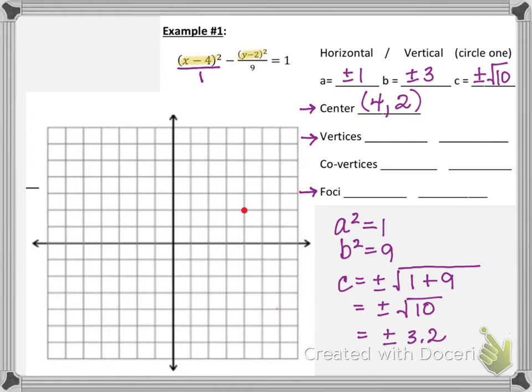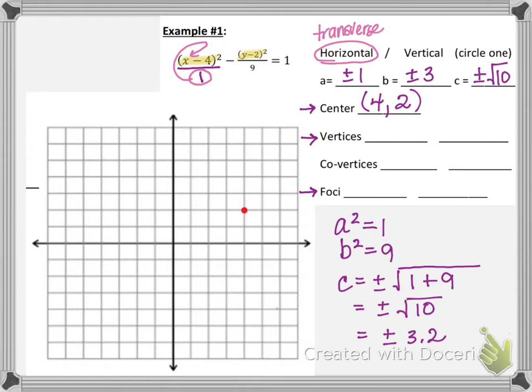Now, the orientation of the transverse axis was dependent on our a squared. Our a squared was right here. We look upstairs, and we notice it's an x, so our transverse axis is going to be horizontal. All right? This is our transverse axis. So the center, the vertices, and the foci all have to be on a horizontal transverse axis.